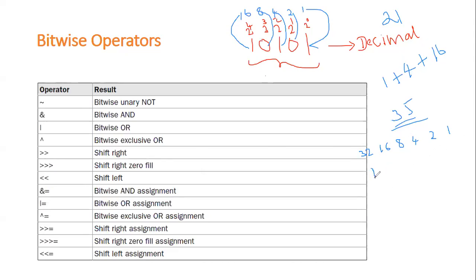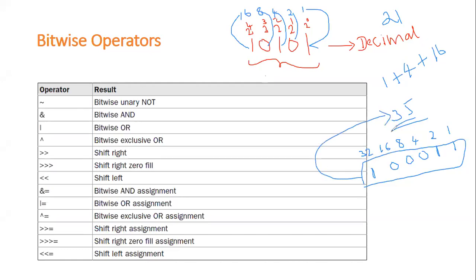Put 1 under 32, so I got 32. 32 plus 4 would overshoot, so that's 0. 32 plus 2 is 34, plus 1 is 35. The remaining positions I put 0. This is the corresponding binary value for this decimal number.